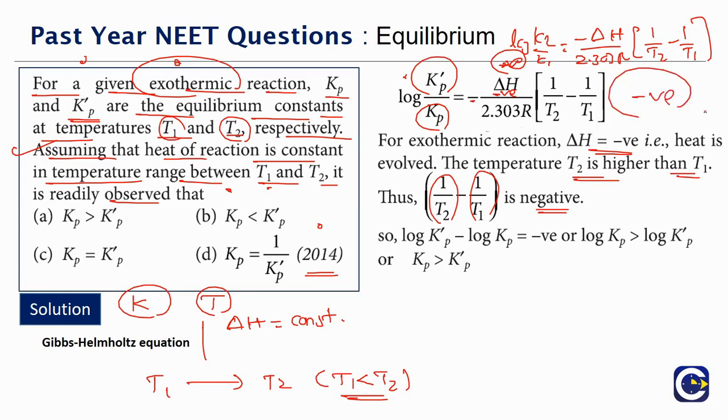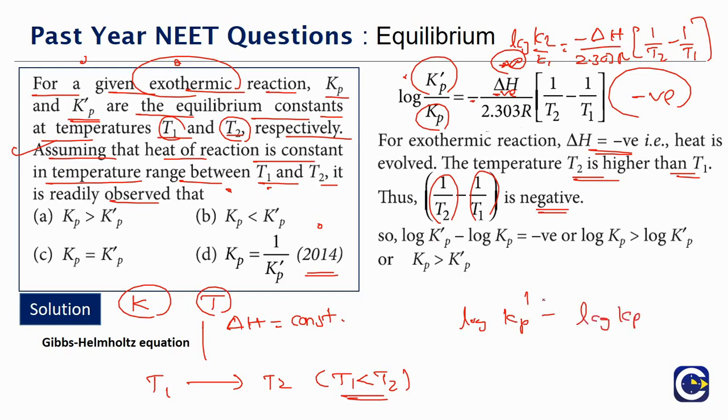negative overall. The overall RHS part is a negative sign. Means LHS, log of Kp dash by Kp, is negative. We have a logarithmic property: log of A by B is log A minus log B. So we use the logarithmic property.